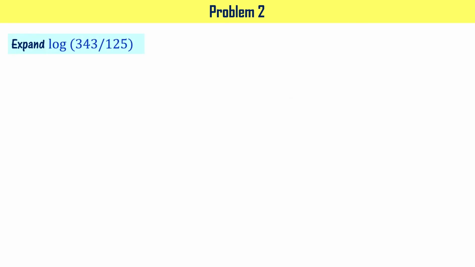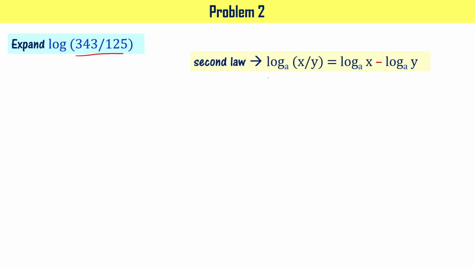Let us look at another problem. Expand log of 343 divided by 125, right? Recall the second law of logarithms. Log x by y equal to log x minus log y. In all these cases, if you look, the base is a, right? In the problem statement given, the base is not mentioned. That's why we are not really worried.